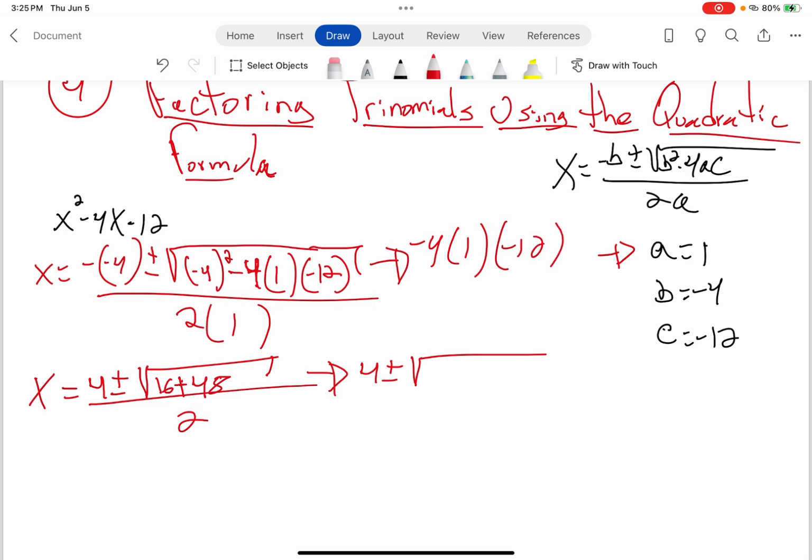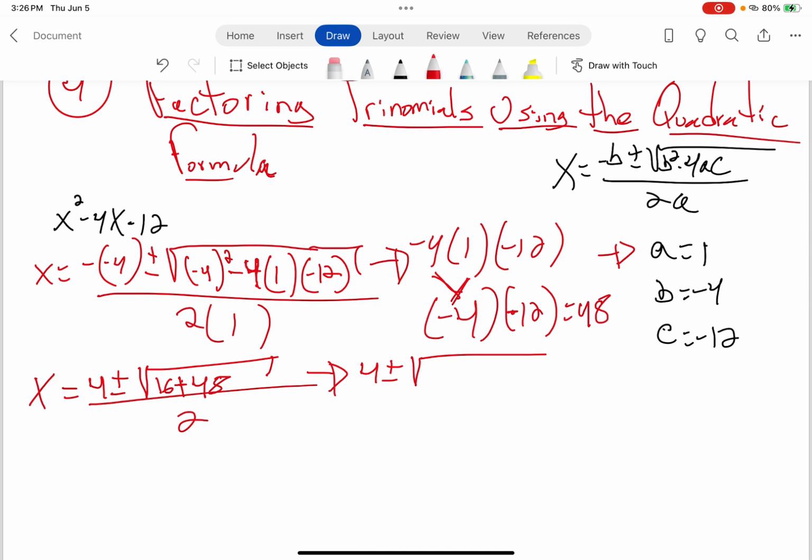Here it was minus 4 times 1 is minus 4, and then minus 4 times minus 12. I was wrong there. When you multiply two minuses, it gives you positive, right? So it will be positive 48, not negative. Positive 48 was a mistake there. Positive 48, that's the answer.